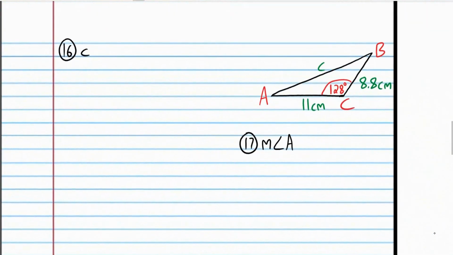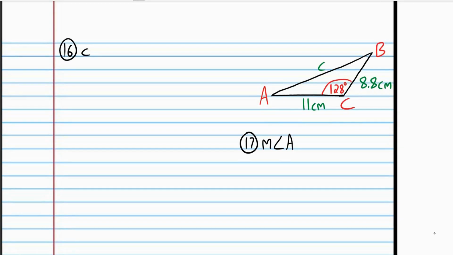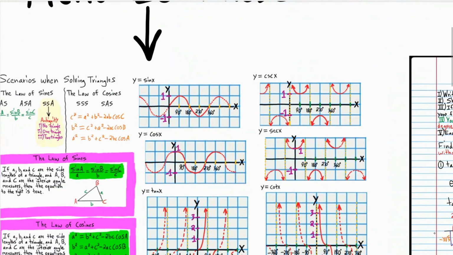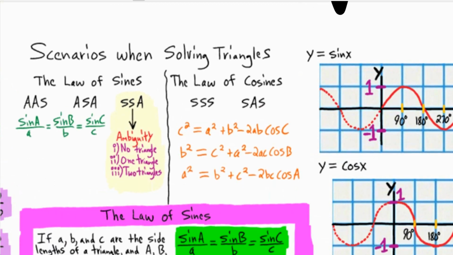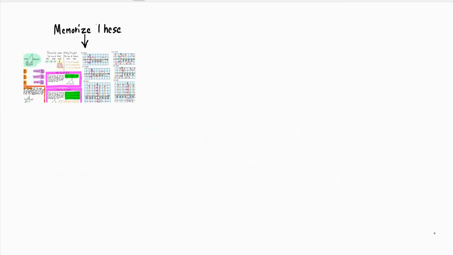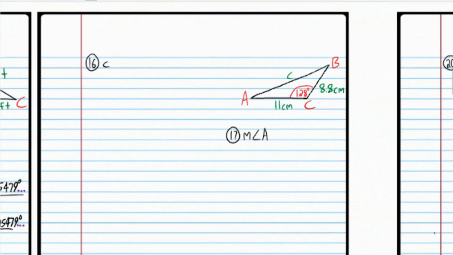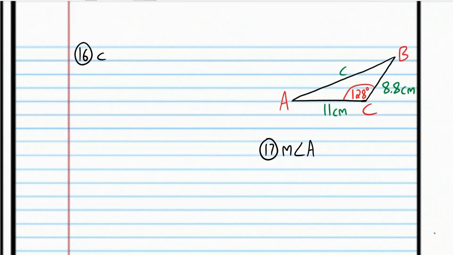Okay, so now we have the SAS situation. We're going to use the law of cosines in that scenario. And notice that we haven't really had to worry about ambiguity. In the SSA scenario, you have to worry about ambiguity.